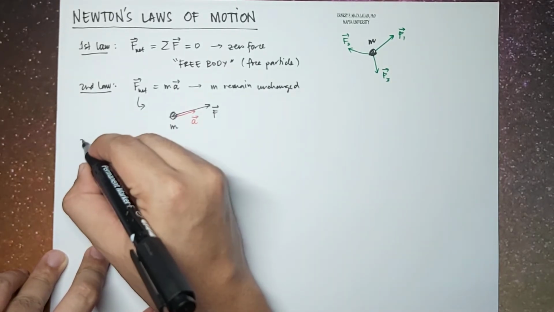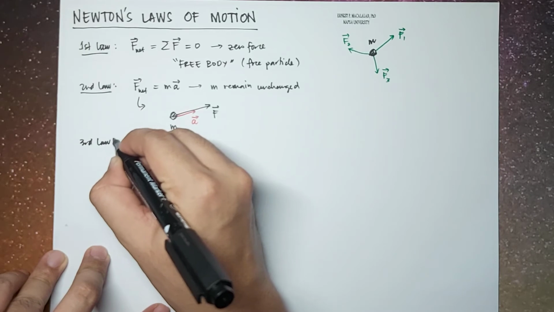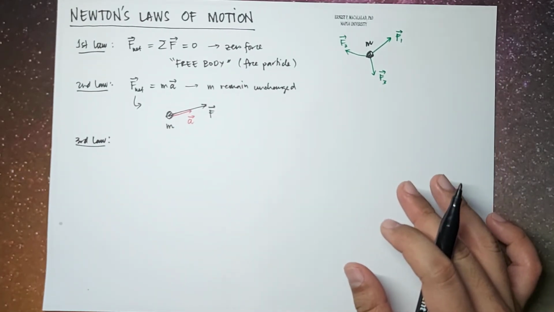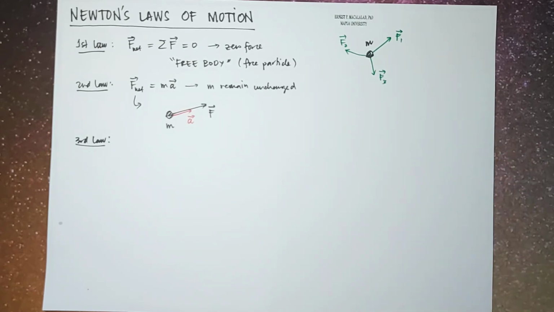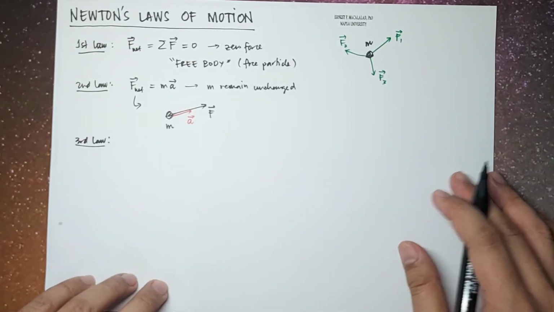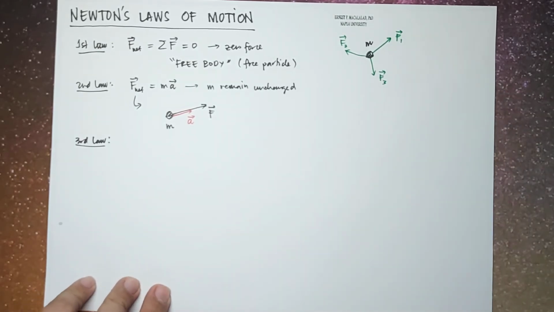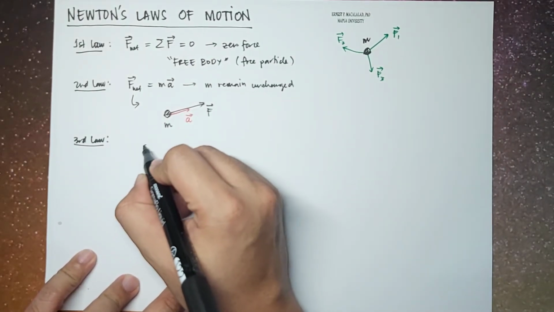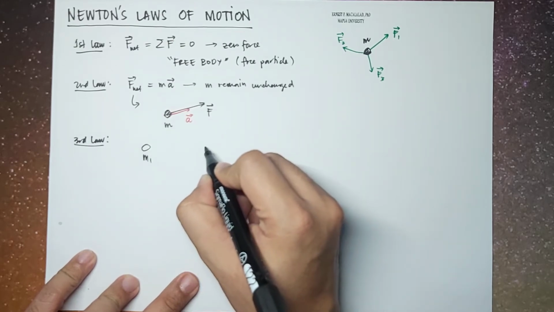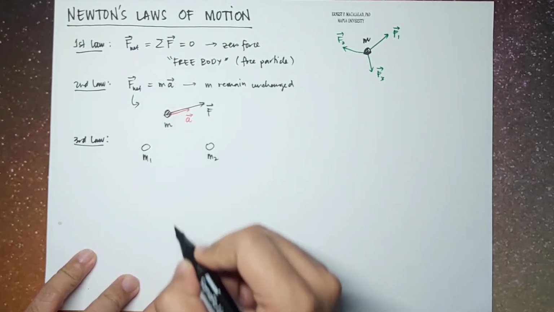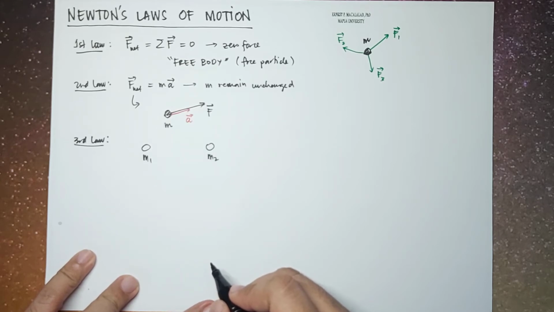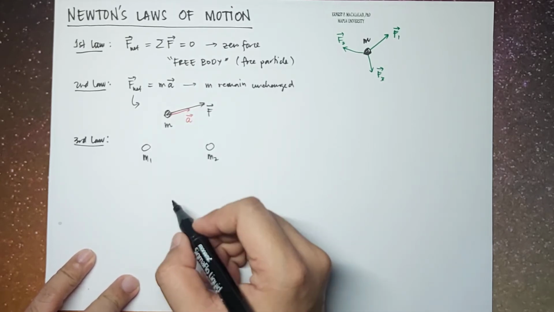Now, the third law of motion is not really a general law of nature. The third law of motion states that if two bodies exert forces on each other, so for example, you have one mass and then a second mass, and these two objects exert forces on each other.